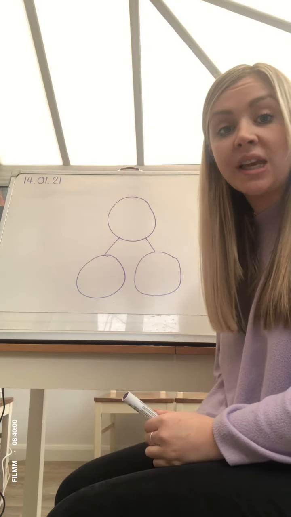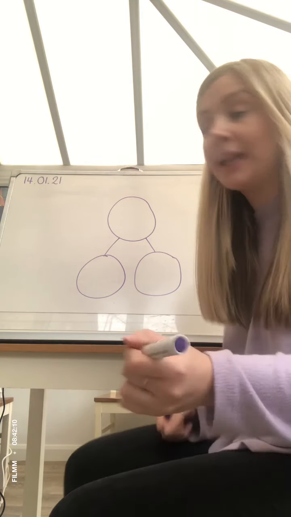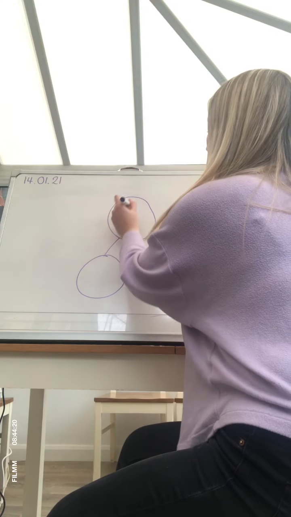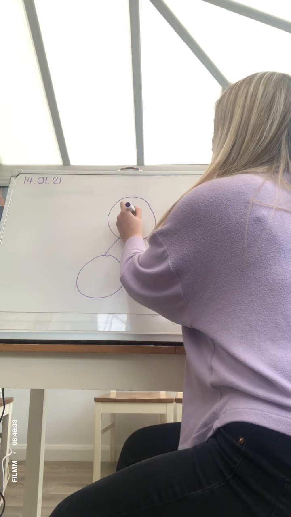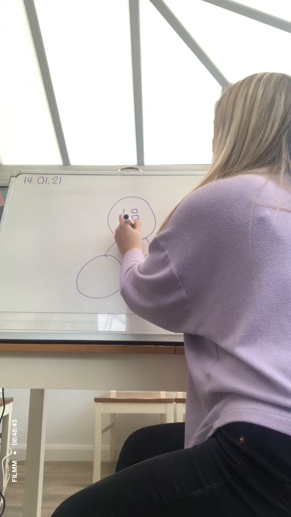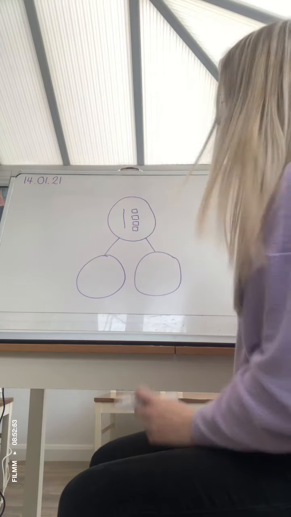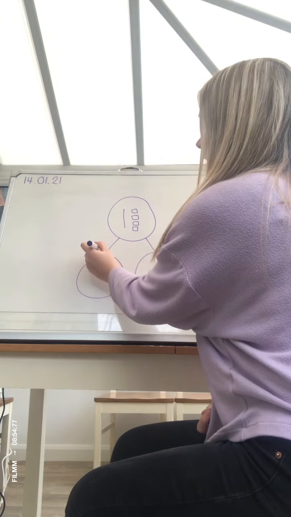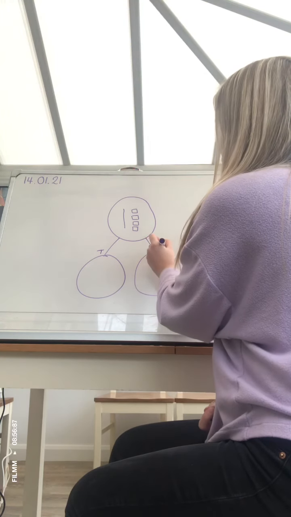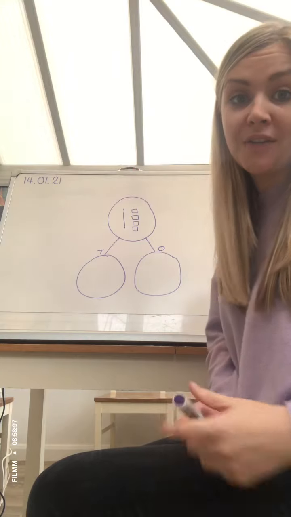The number 14, so I'm going to represent that pictorially now. Now that you can see a pictorial representation of the number 14, can you partition it into groups of 10 and groups of 1? Pause the video now and have a go.